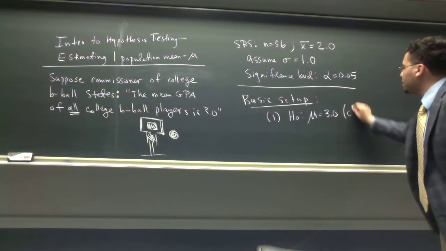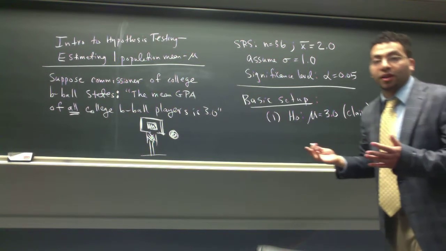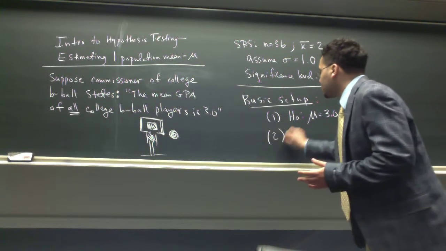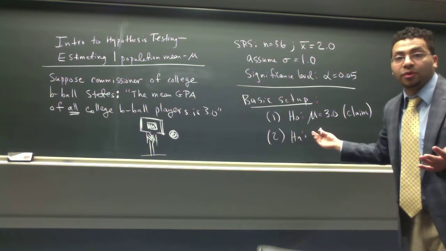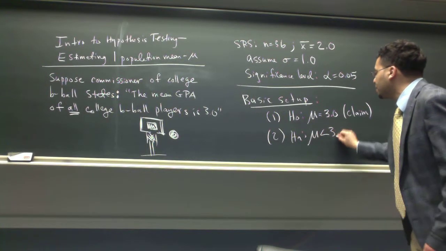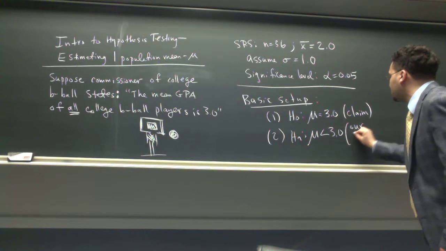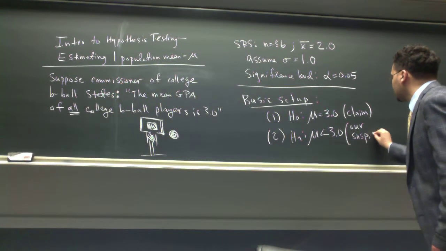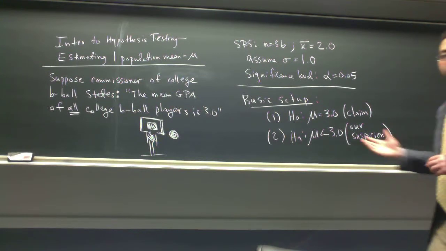We'll put in parentheses claim. Now we have a counterclaim. We suspect that the mean GPA is actually less than 3.0. So the alternative hypothesis is mu is less than 3.0, and I'll put in parentheses our suspicions. These are our suspicions.